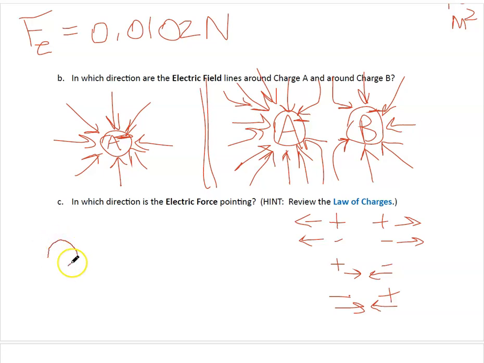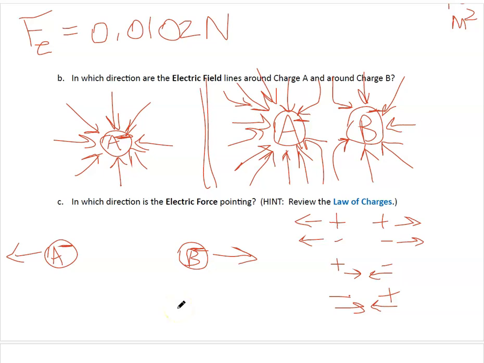And in this particular case, we have A, which is a negative charge, and B, which is a negative charge. And A is a larger negative charge, but it doesn't matter. They're both negative, so they will repel each other. And the force on each other will be exactly the same, and we know that from Newton's third law.